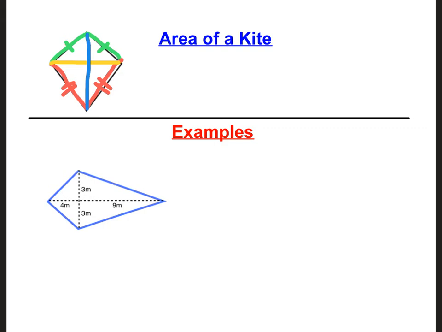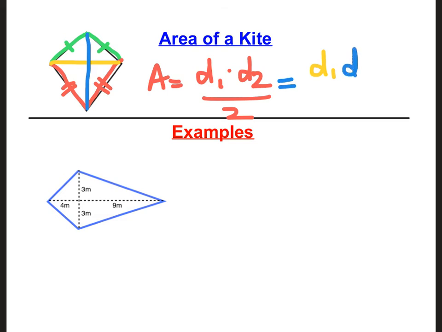Again, your diagonals are just the lines from one corner to another. The area of your kite is going to be area equals D1, so diagonal 1, times diagonal 2, divided by 2. If I write this using the colors we used over there, D1 could be my yellow one. D2 would be my blue one.